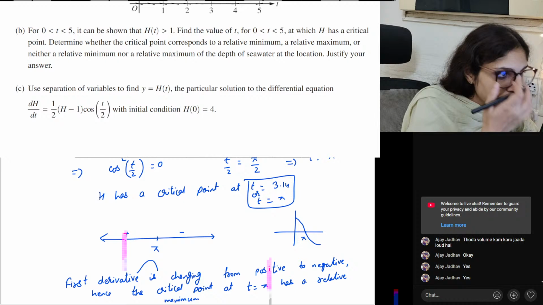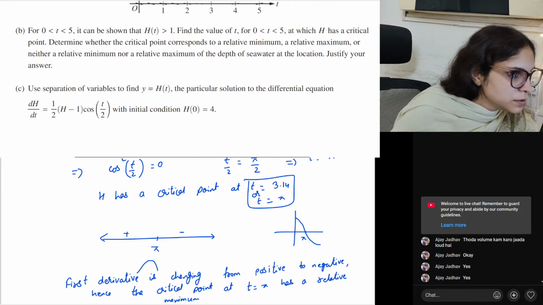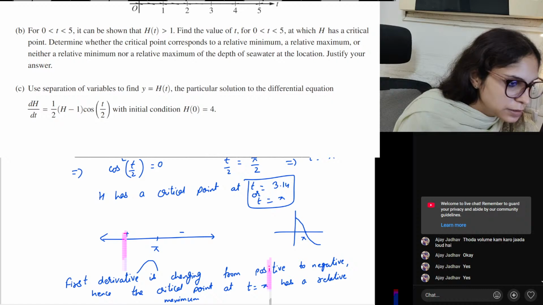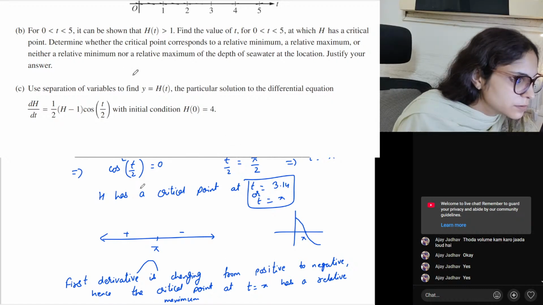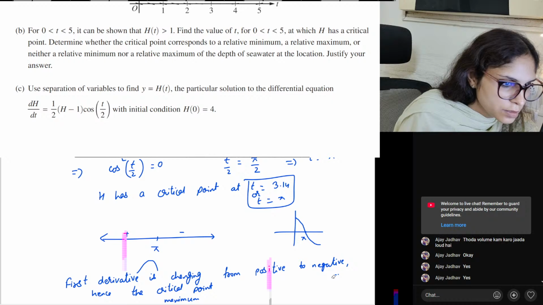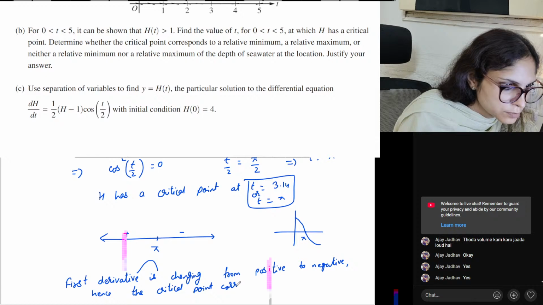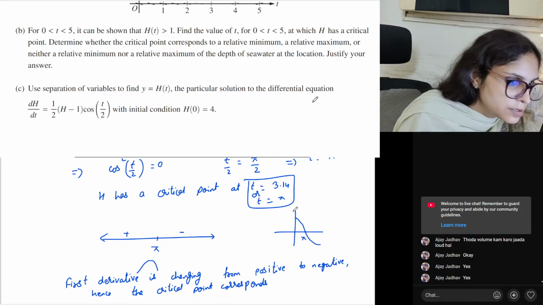So the critical point corresponds to a relative maximum. I can also just write that the critical point corresponds to a relative maximum. And this is the graph of cosine t over 2.